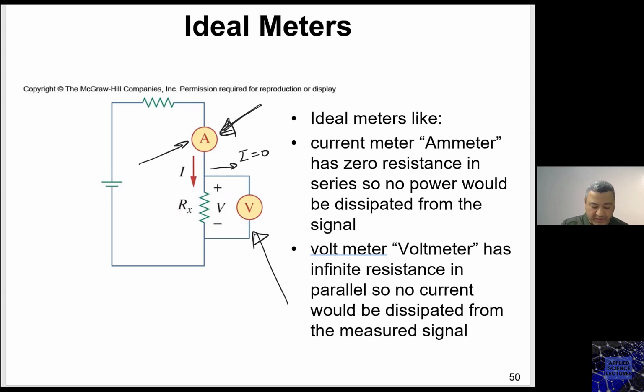So whenever I see a voltmeter that is connected with any component here in parallel, always keep in mind that the current withdrawn by this voltmeter is zero. Why? Because it has an infinite resistance. However, the ammeter has a zero resistance such that it does not withdraw any power from my circuit.